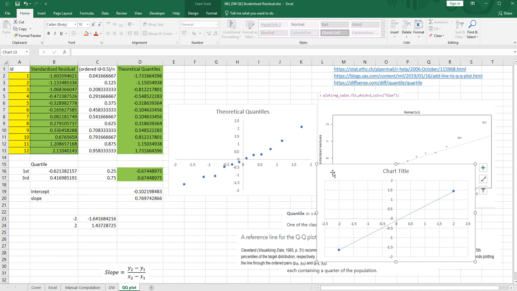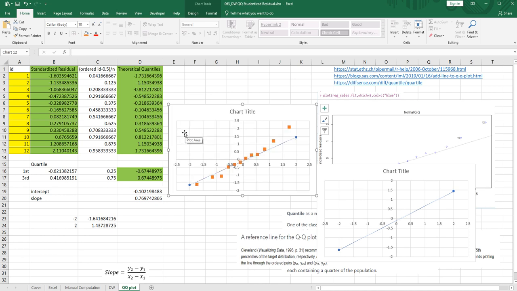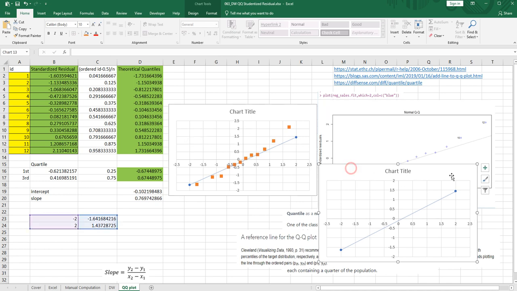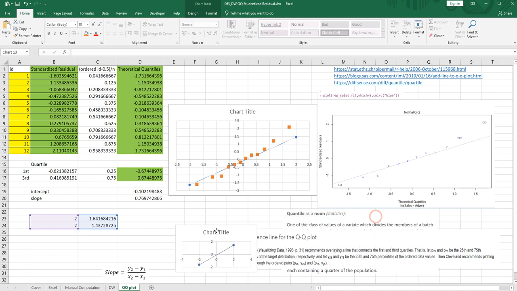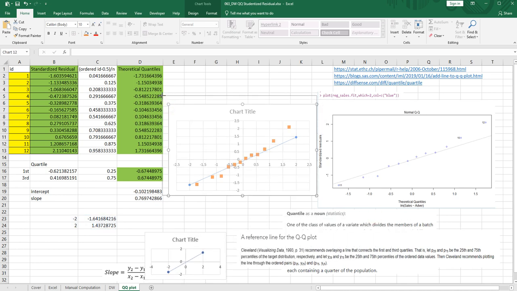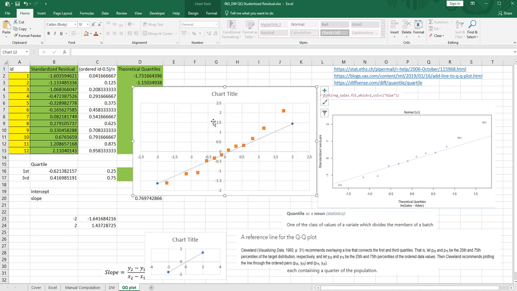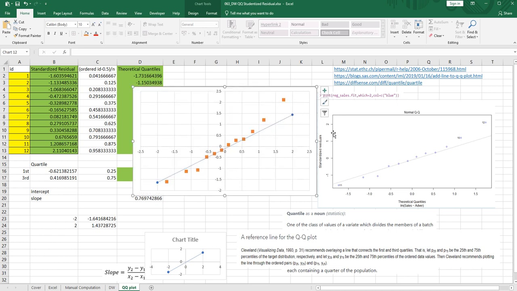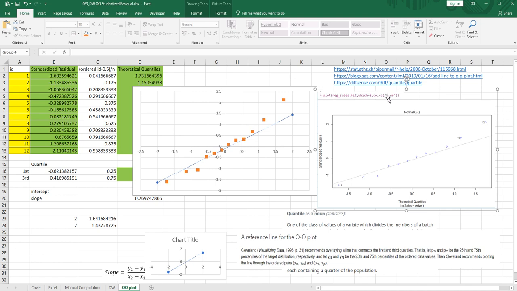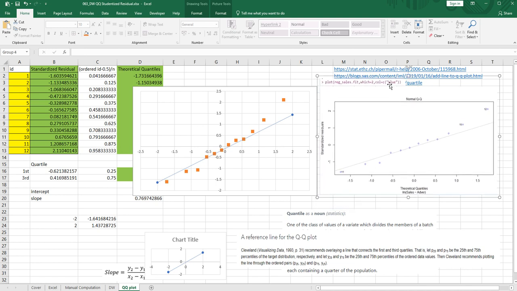Firstly, click this graph and press Ctrl C, and click this theoretical quantiles and press Ctrl V. Right? Yeah, so it's the same, right?